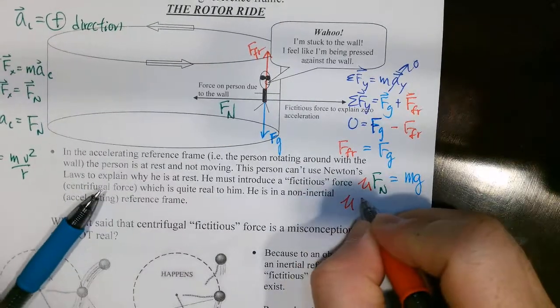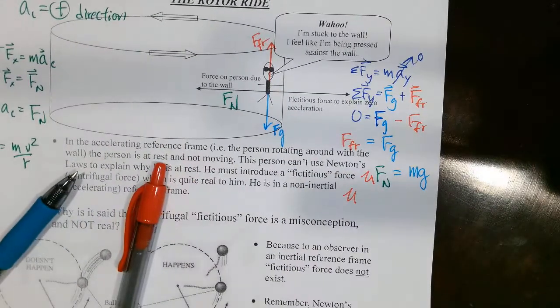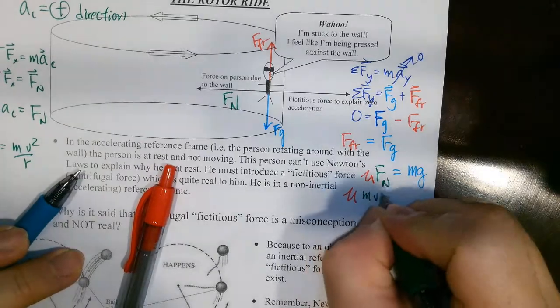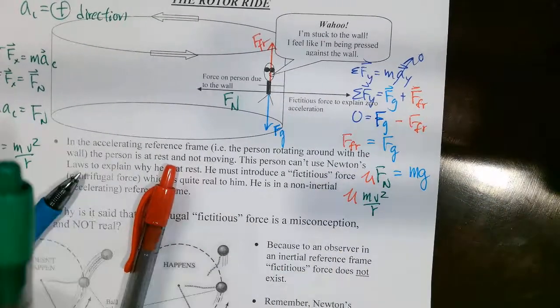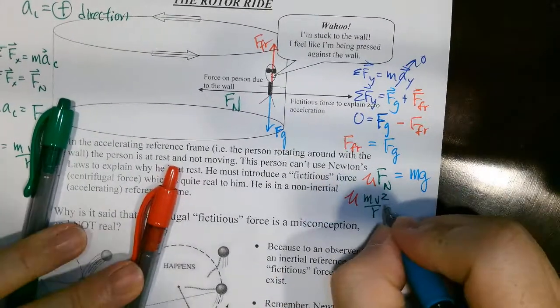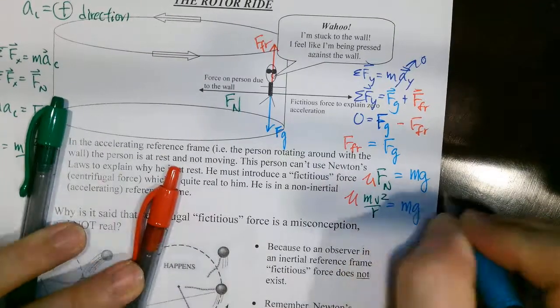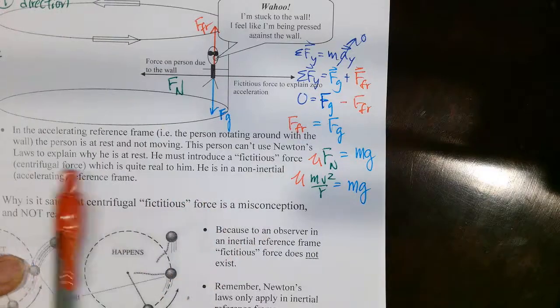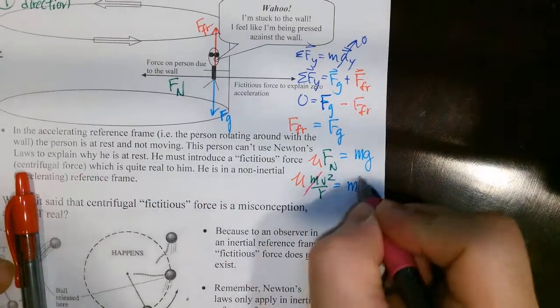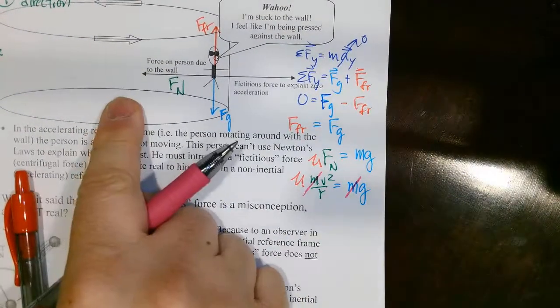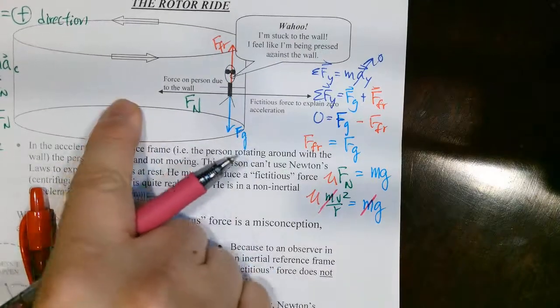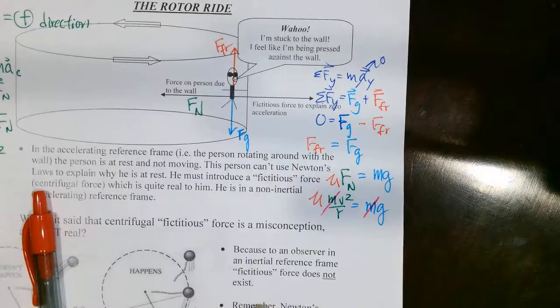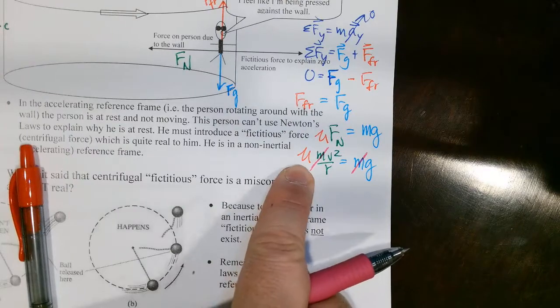So mu times m v squared over r is equal to mg. And here's the magic. Look, the masses cancel out. So everyone inside this ride gets stuck to the wall as long as they have the same coefficient of friction.